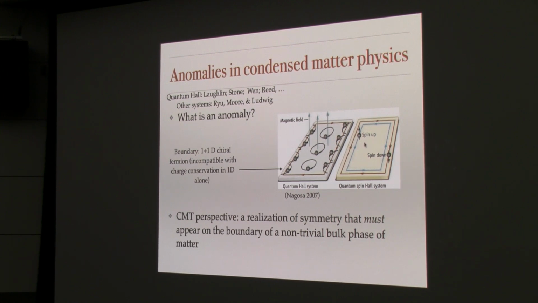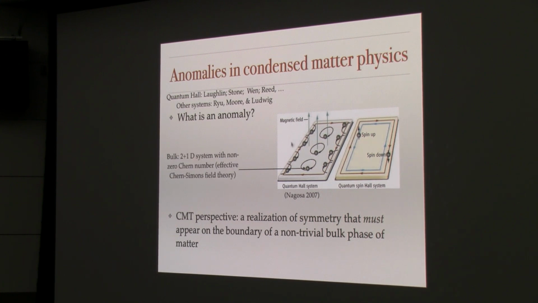over here, this is a quantum spin Hall system, a topological insulator, but let's focus on the left. This is a picture of a two-dimensional system of electrons in a very high magnetic field. And at the boundary of this system is a chiral one-dimensional fermion. It transports charge, and it's associated with a quantized conductance, which is a very clear transport signature of these systems. And this, as I just told you, is not compatible with charge conservation in one dimension.